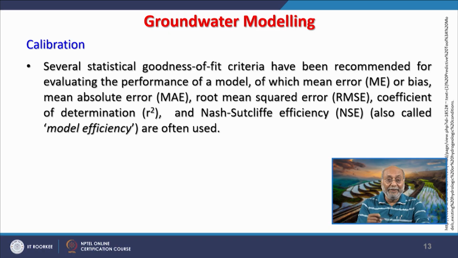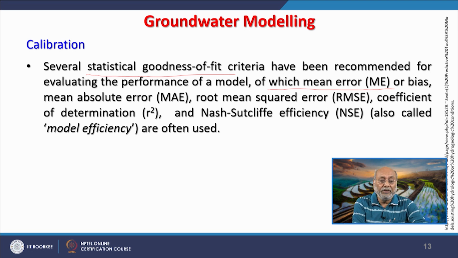For calibrations, we can involve statistical goodness of fit criteria, and also error estimations for evaluating the performance of a model, for which mean error or bias, or mean absolute error, that is MAE, exist. Root mean square error is also one of the very popular methods to find out about the errors.